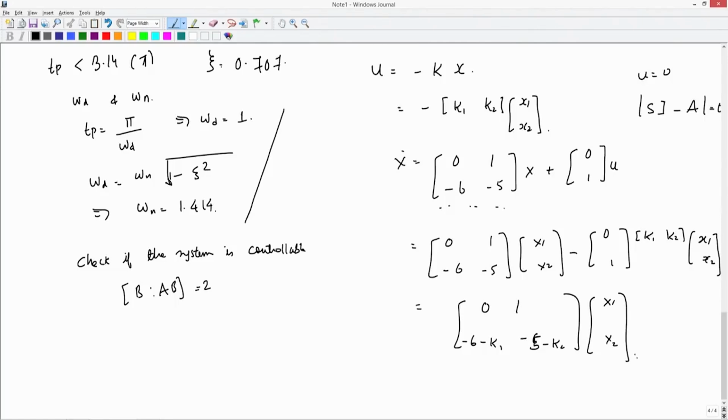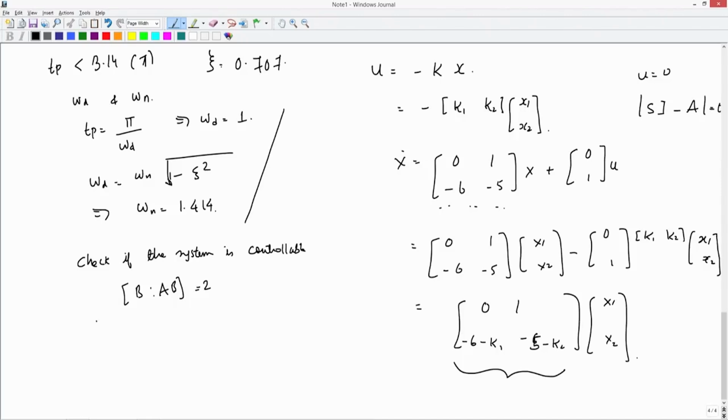Okay. So, now the closed loop characteristic equation should be such that these poles or the eigenvalues should satisfy this condition. Okay. Now, when does a second order system satisfy this condition, right? So, this is what is desired in the closed loop case. Okay.